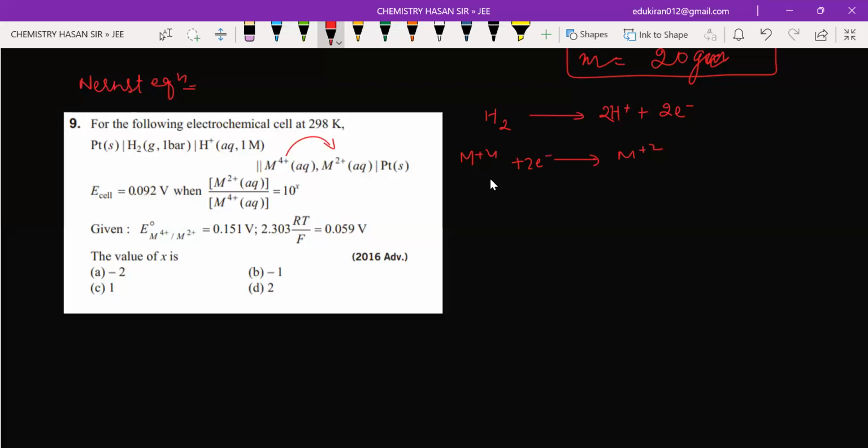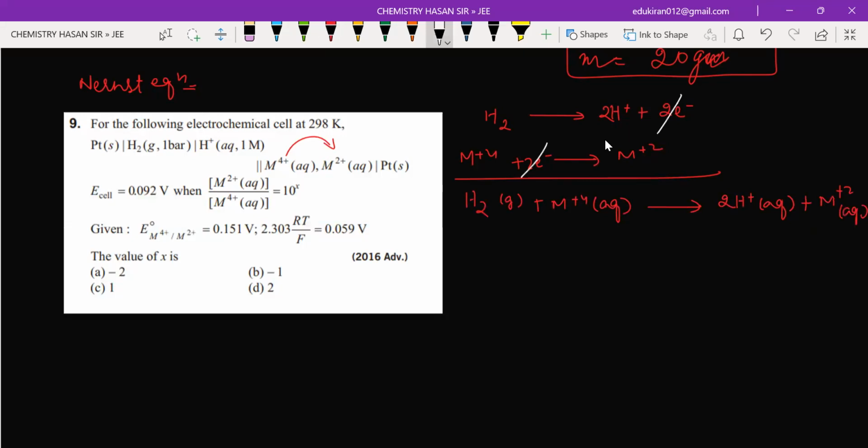So the net cell reaction can be written as H2 in gaseous state and M plus 4 in aqueous state, which gives 2H plus in aqueous state and M plus 2 in aqueous state. Now you can see the 2 electrons and 2 electrons can be cancelled. Yes or no, all of you? Yes. Okay.